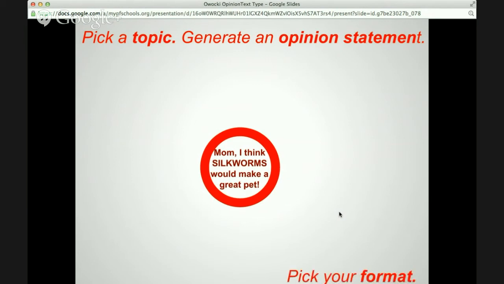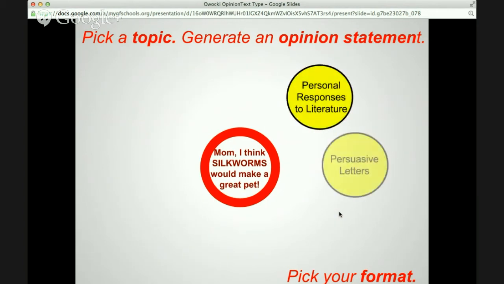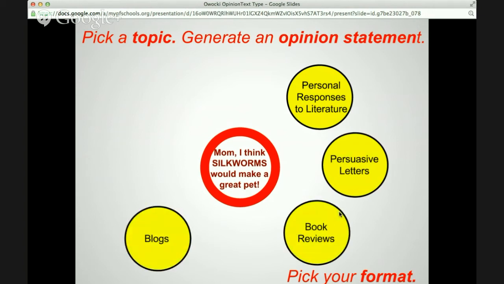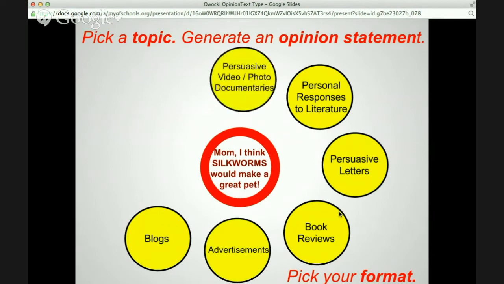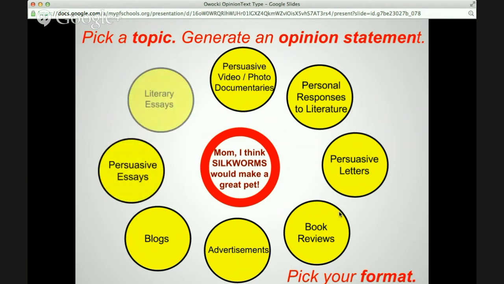Once you have that opinion statement, then you pick your format. Do you want to do a personal response to literature? Maybe you want to write a persuasive letter to mom. You could review a book. You could blog. You could create an advertisement, a persuasive video or photo documentary. You could create a persuasive essay or a literary essay.